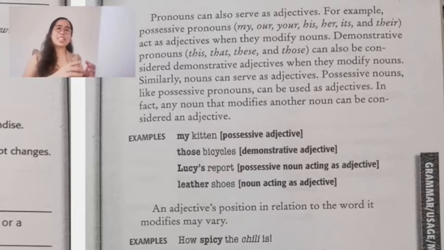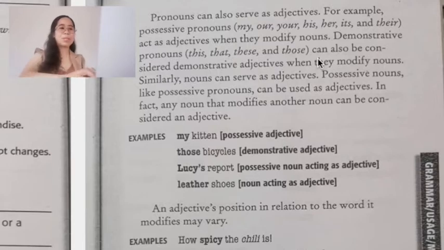So again, it's not just limited to specific adjectives like the color adjectives, green, red, and the other types of adjectives, but verb forms could also be made into adjectives, as well as pronouns, as well as other kinds of nouns. A noun could describe another noun and function as an adjective as well.